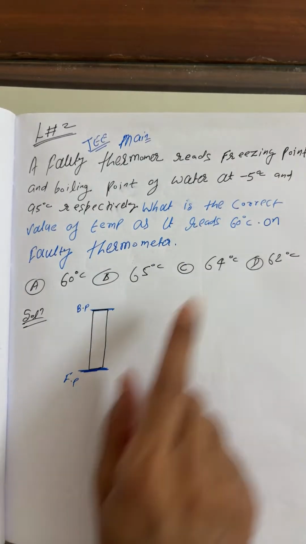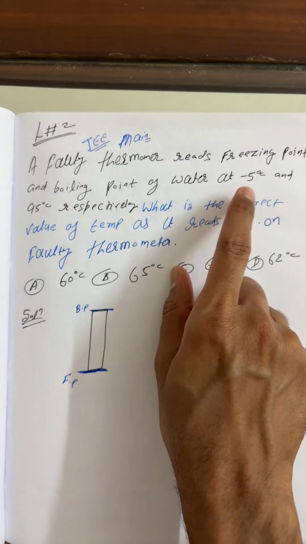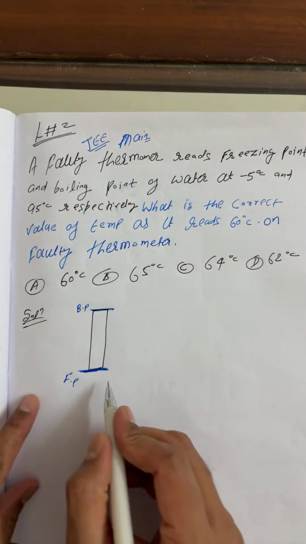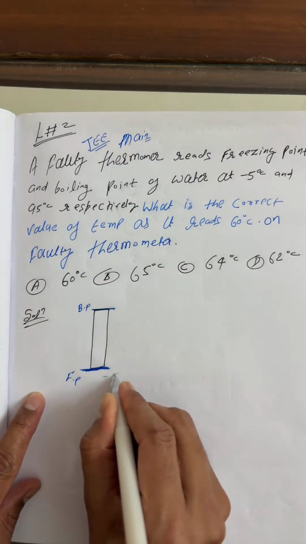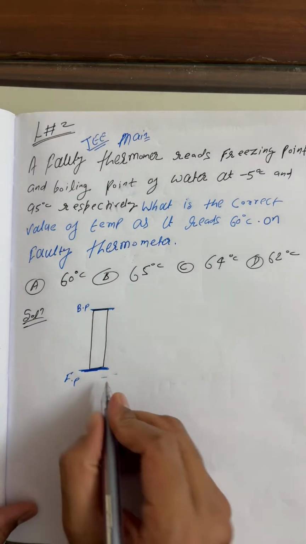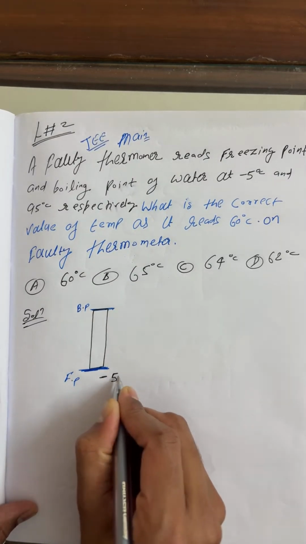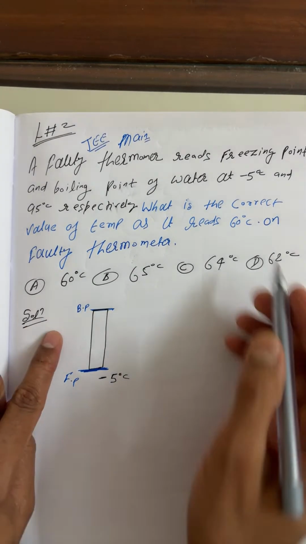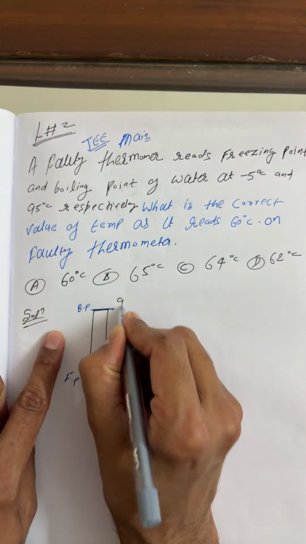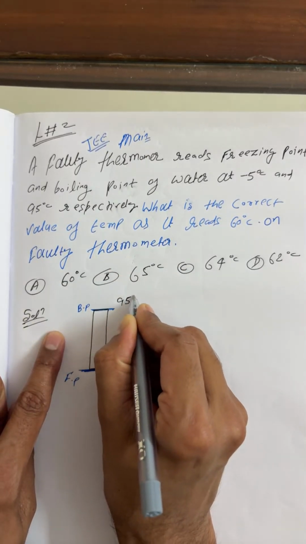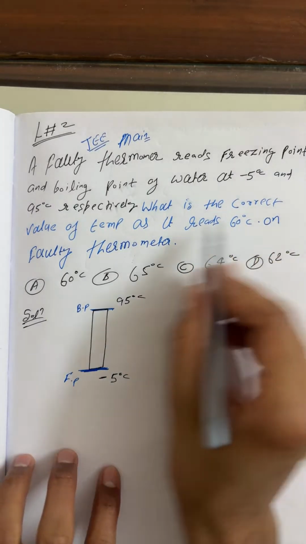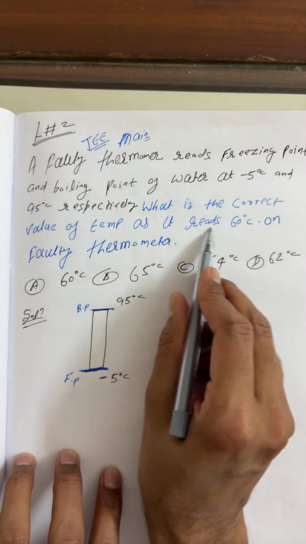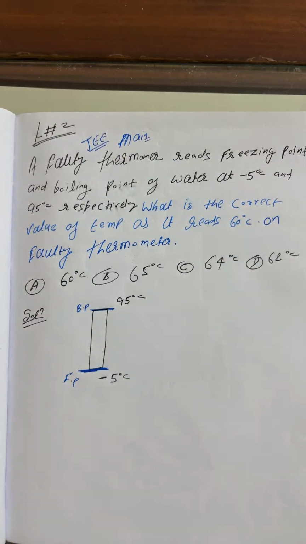Note down the data according to the question only. The freezing point is minus 5 degrees Celsius, the boiling point is 95 degrees Celsius. What is the correct value of temperature as it reads 60 degrees Celsius? It's pretty easy.